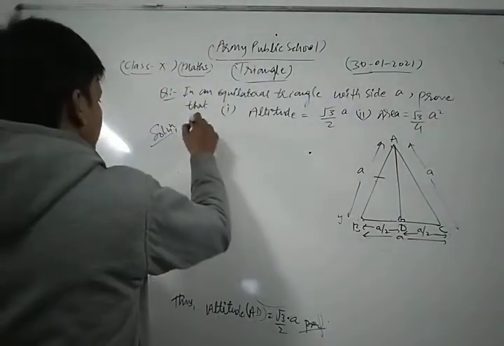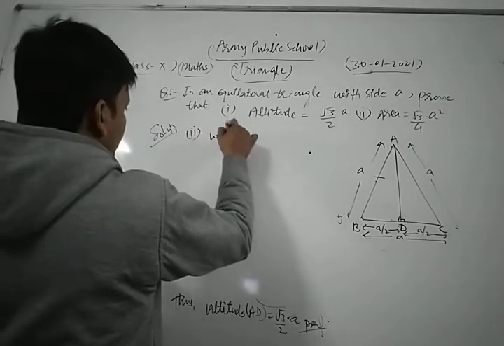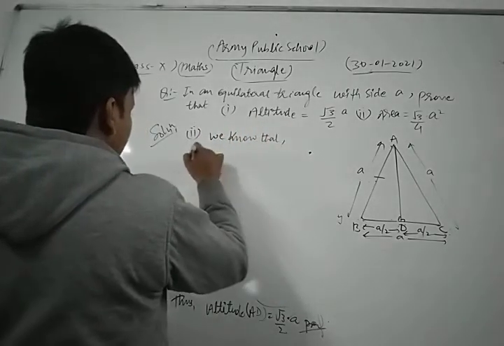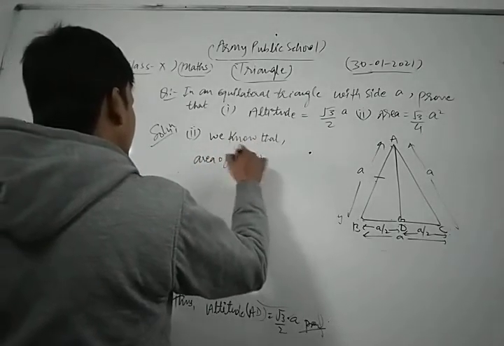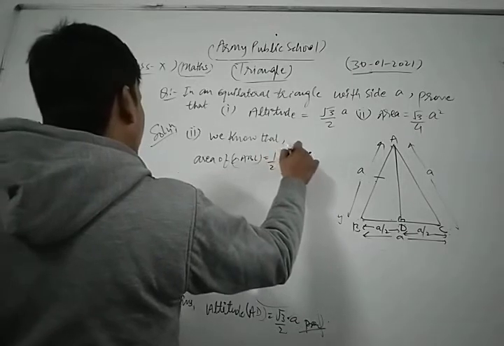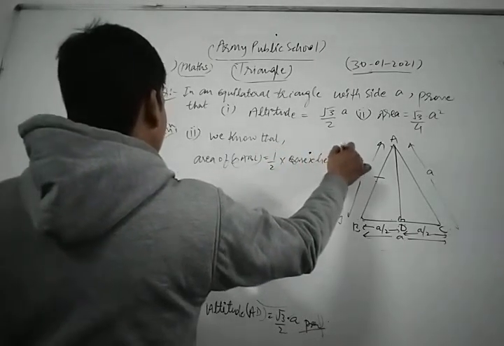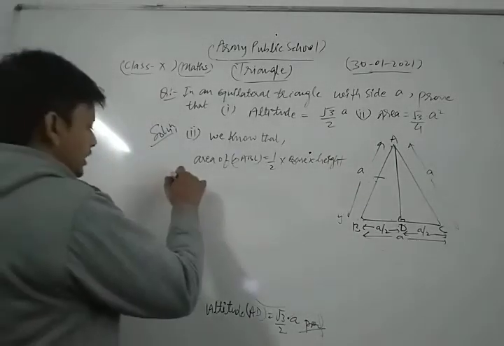For the second part of this question, we know that the area of triangle ABC is equal to 1 upon 2 into base into height. This is the common formula for the area of a triangle.